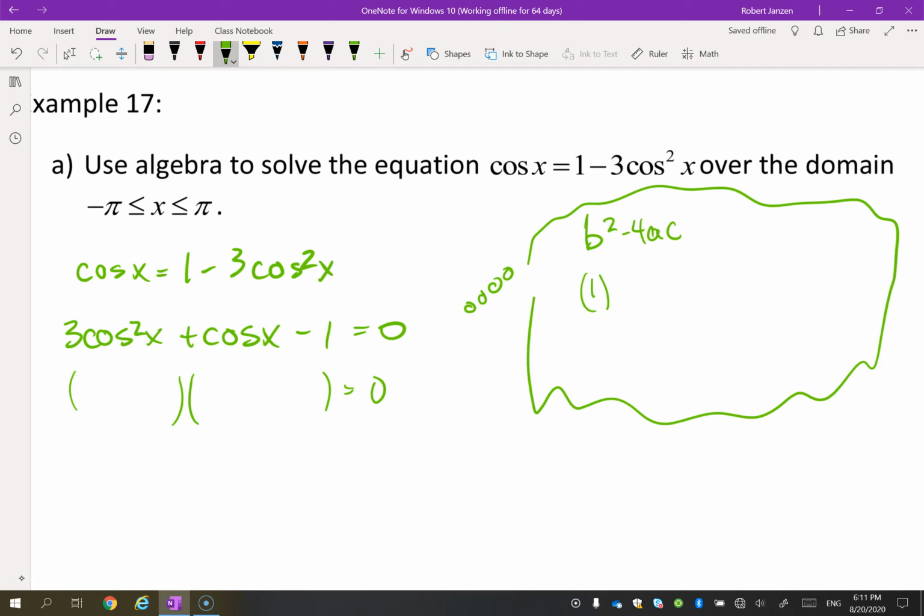If you take the discriminant in this case, what do you get? You're going to get 1 plus 12. This is 13. All right? This means it cannot be factored. Okay, it does not mean that you can't find a solution. It just means you can't factor it.